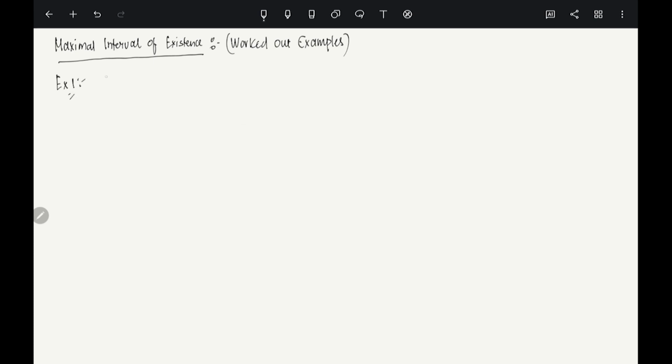Let's look at this problem. Let's say it's a one-dimensional problem. So y prime of t is given by cosine square y, and y at the point 0, let us say it is 0.